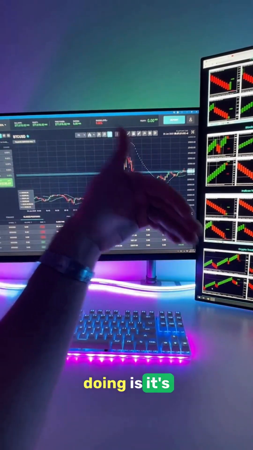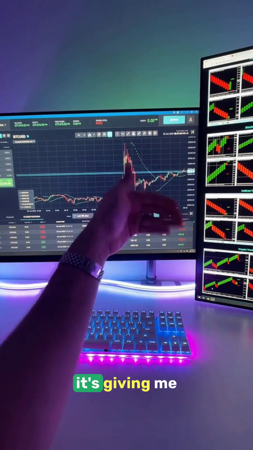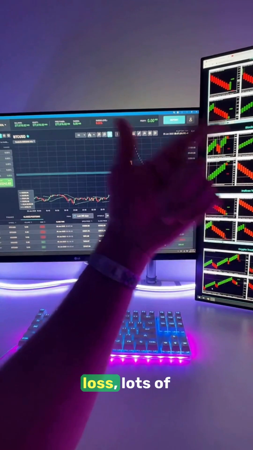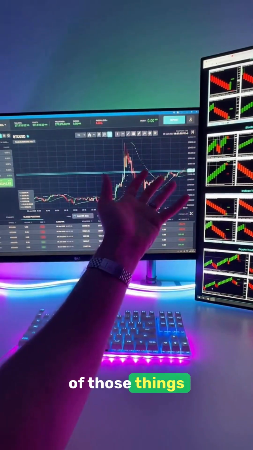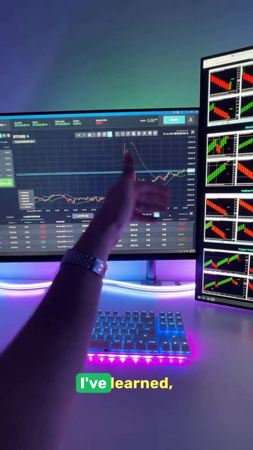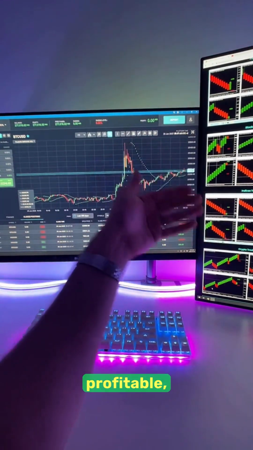And what that's doing is it's giving me a lot of experience. It's giving me a lot of practice setting stop loss, lots of practice doing all of those things, which are really important to learn. And now, once I've perfected a strategy that's profitable.